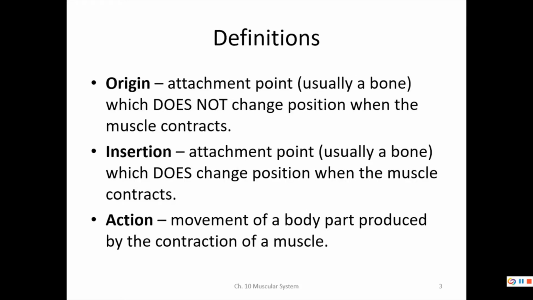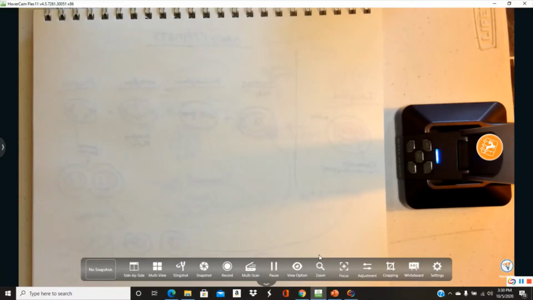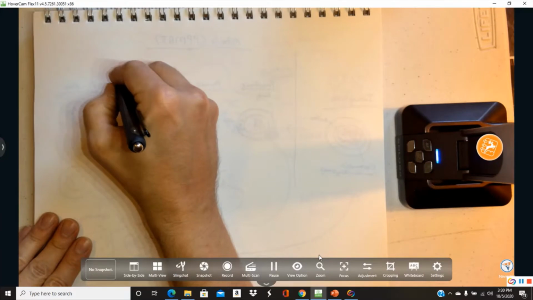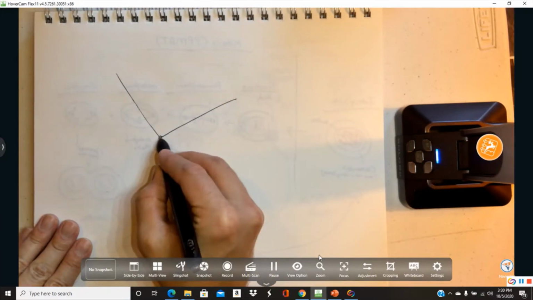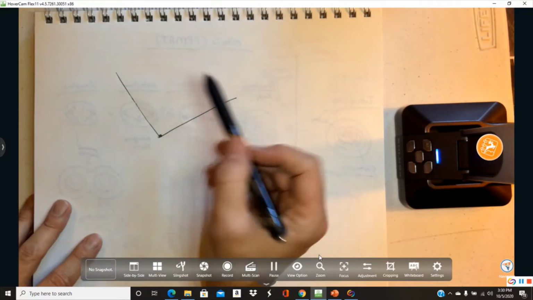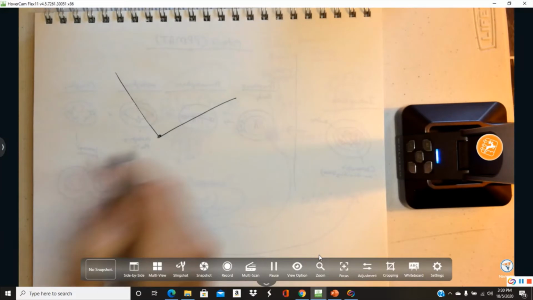But as we get started, what I want to do is discuss the words origin, insertion, and action. To discuss these words, I'm going to do some very rudimentary, simple, basic drawings here. Let's say I have a joint here, an articulation, for example the humerus and ulna forming the elbow joint.